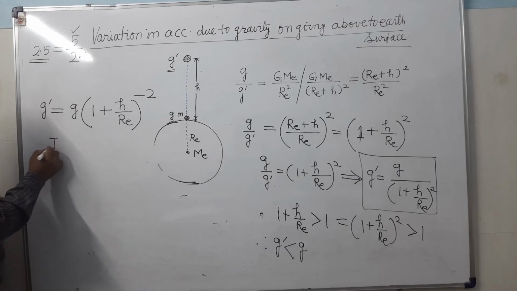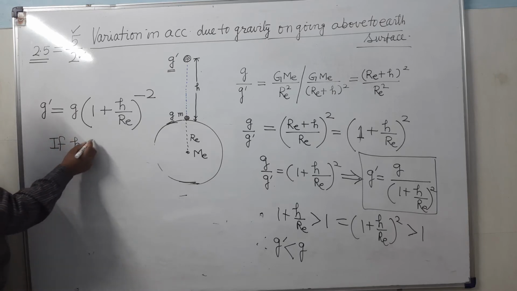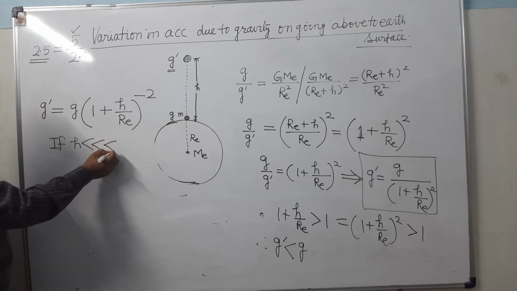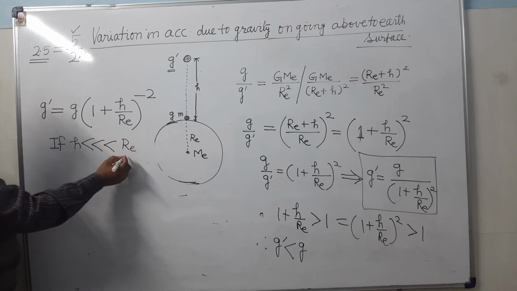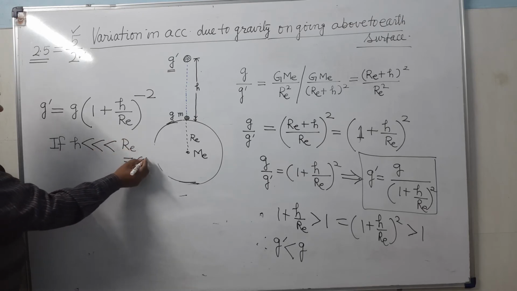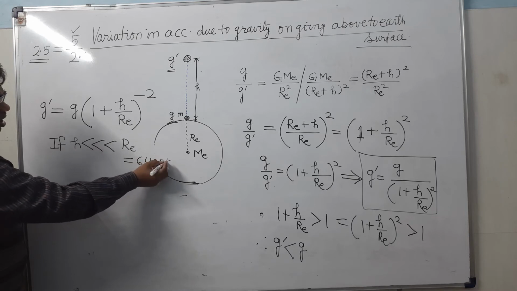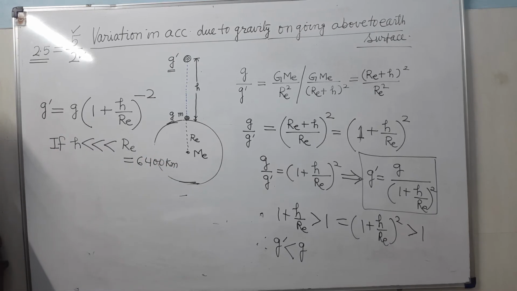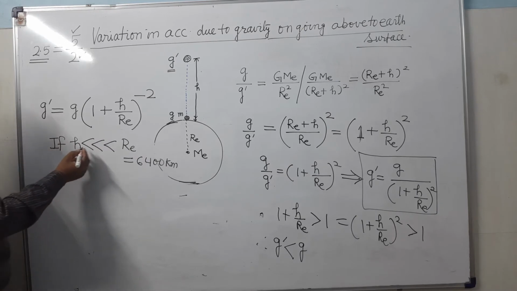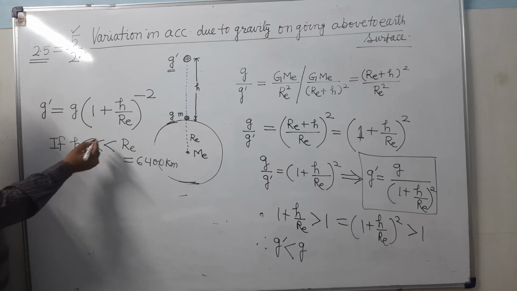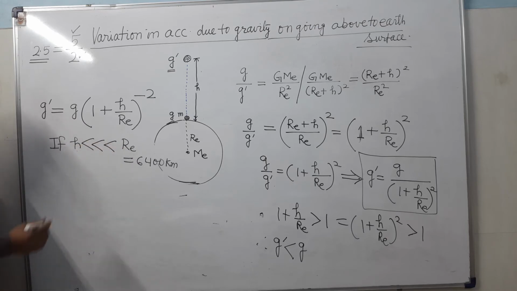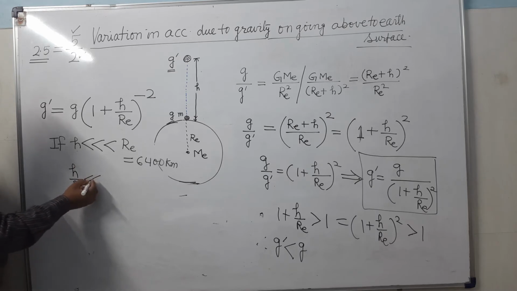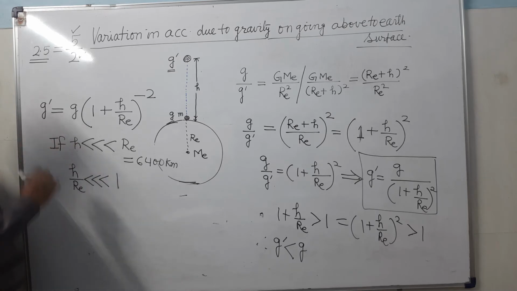Now if h is very much smaller as compared to Re, as we know that Re is 6400 kilometer, and suppose h is 100 meter, 200 meter, 500 meter, 700 meter, then in that case h upon Re will become very much smaller than 1.